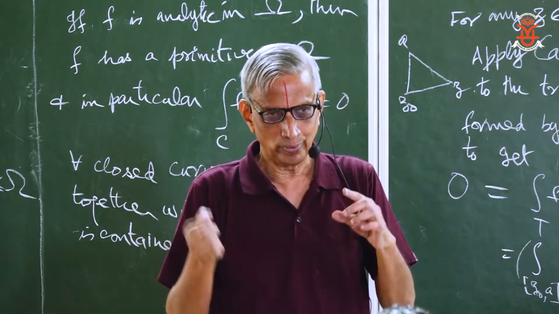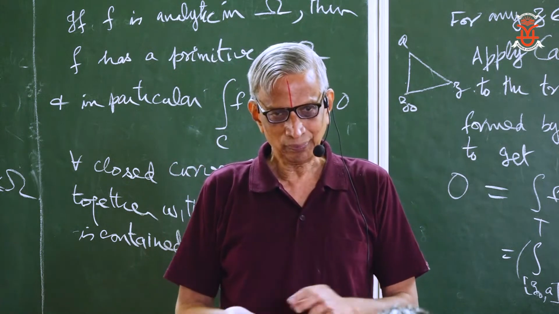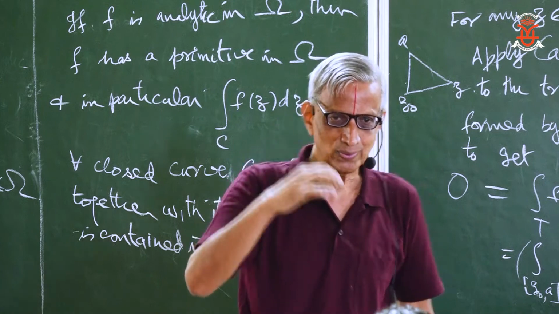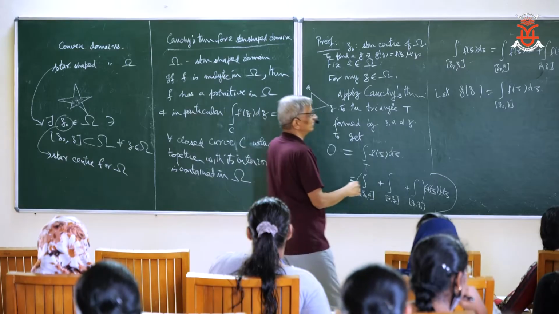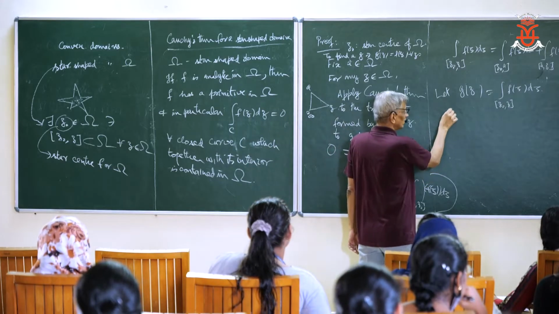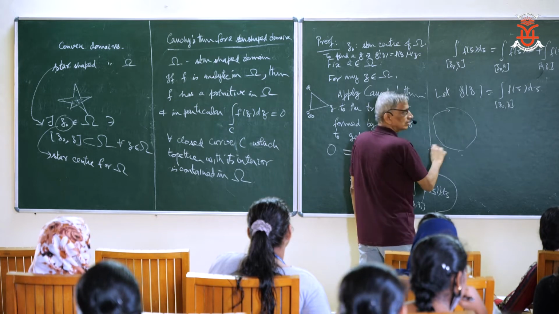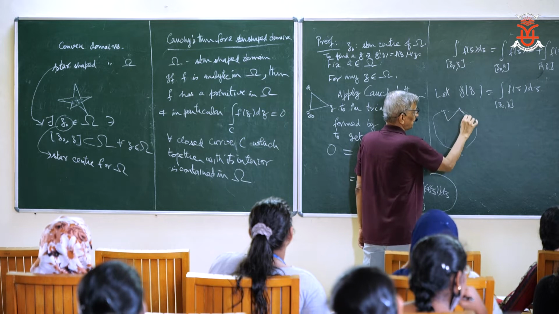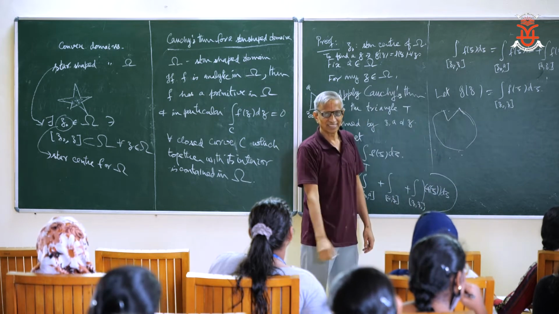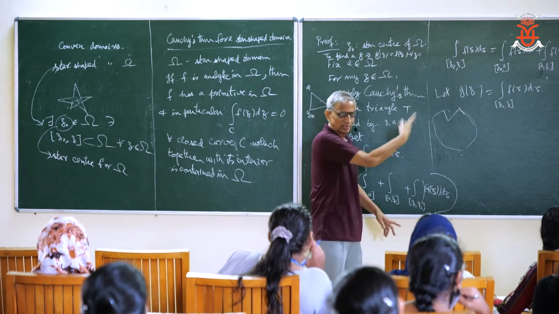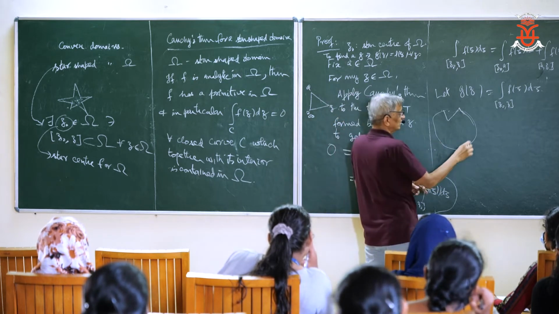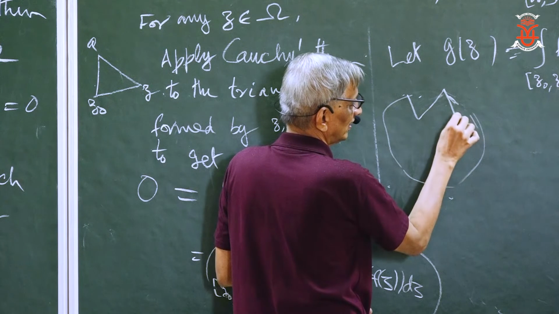A is a point in the domain. The domain is open. So some neighborhood of A is going to be inside; let us draw a picture, okay? This is your star-shaped domain, roughly, that's going to be convex.